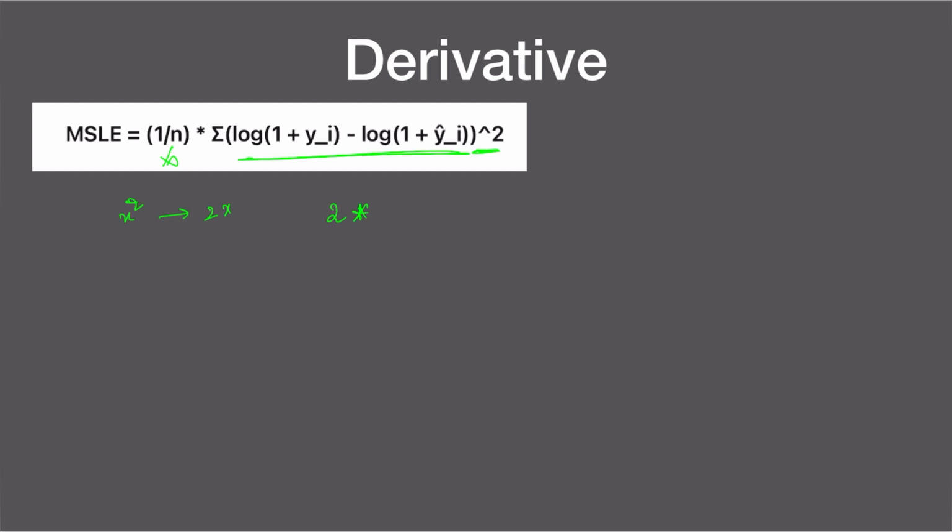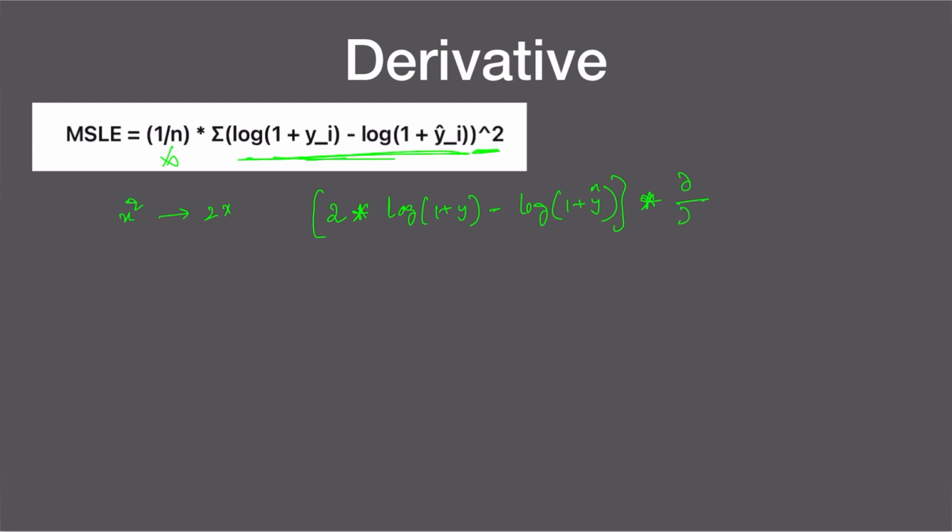So 2 times this total term, log of 1 plus y minus log of 1 plus y hat. So this is the 2x term. After that, in place of x, we have this total term, so we need to take the derivative of that.